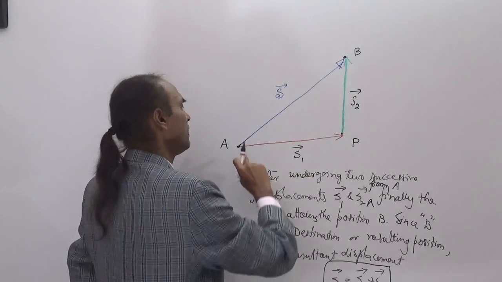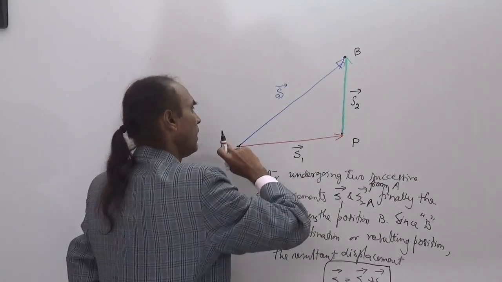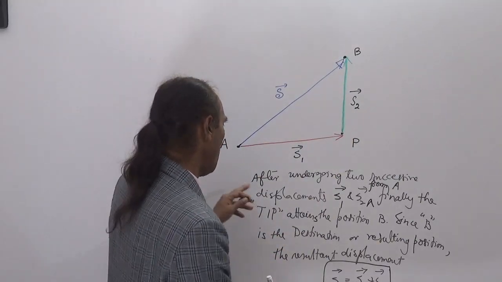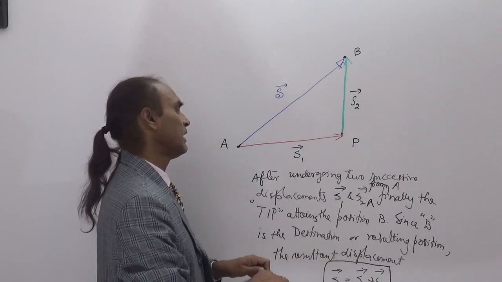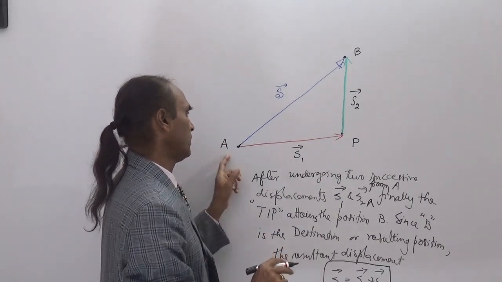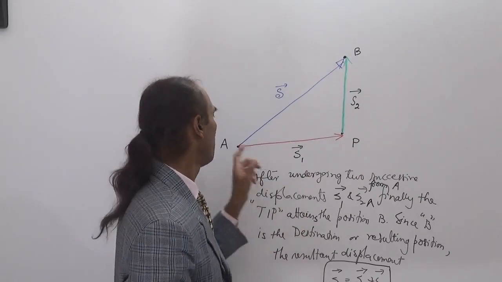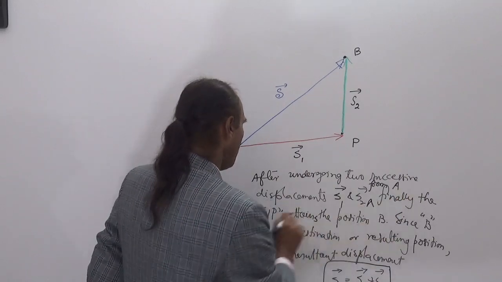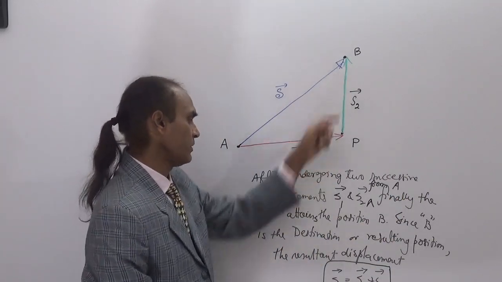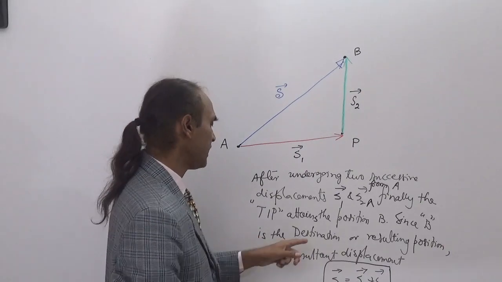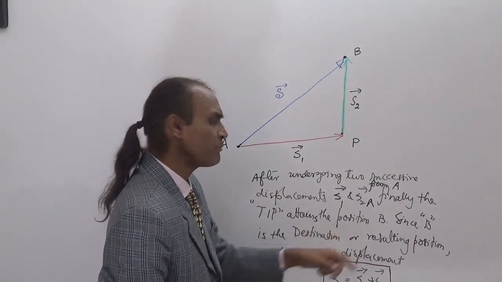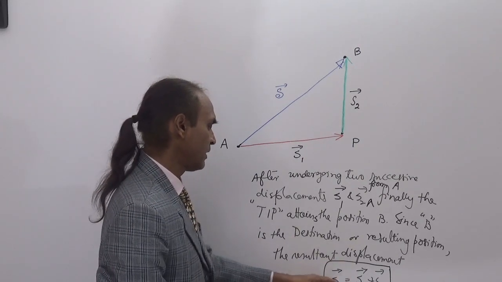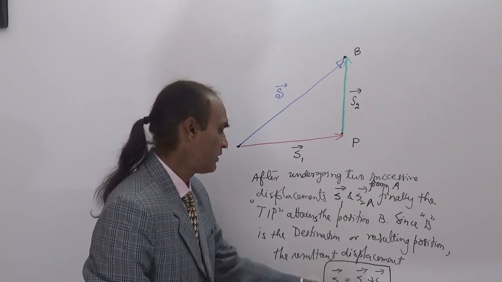This is the net displacement or resultant displacement or vector sum of these two displacements.